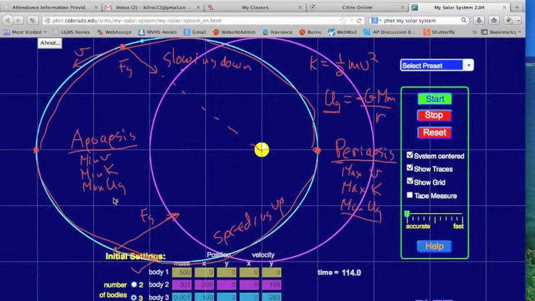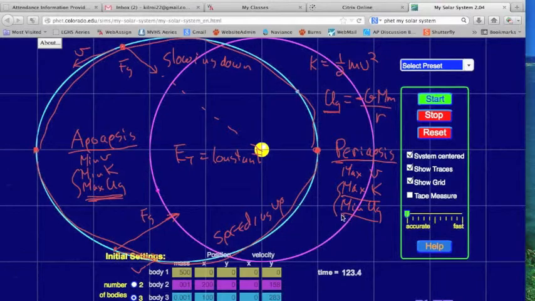You also might have guessed that because the total energy is a constant. Gravity is a conservative force, and so when you do work against it, that goes into potential energy. And so these two have to add to the total energy. And so if I have minimum kinetic, that means I have the most potential.